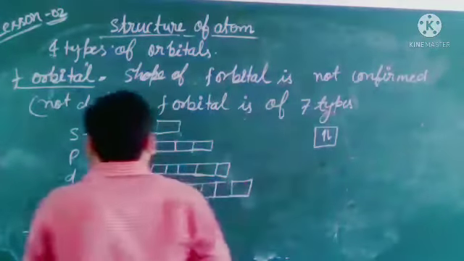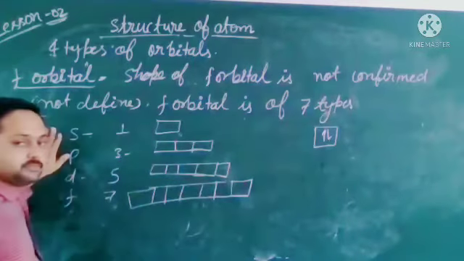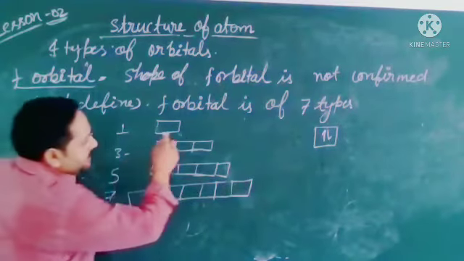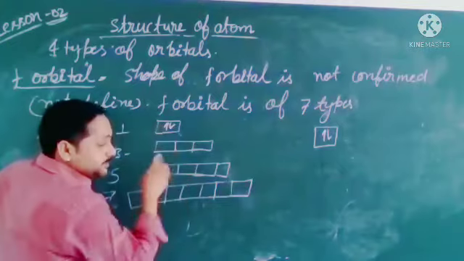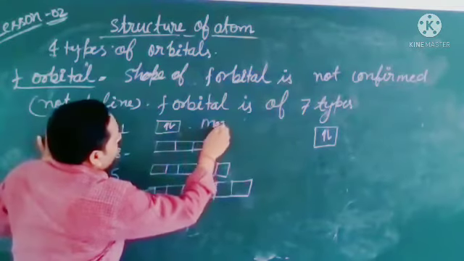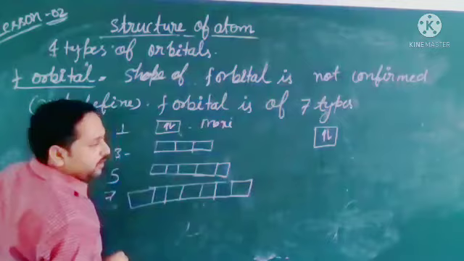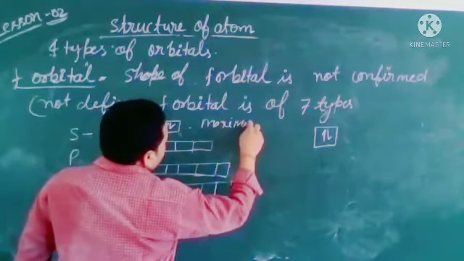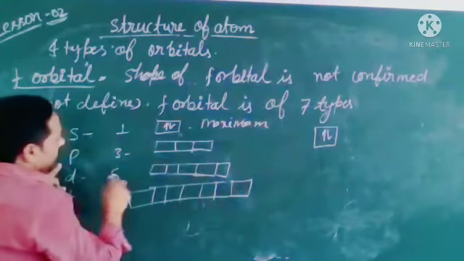In s orbital, only one box is there. So how many electrons? 2 electrons maximum. You remember it, it is maximum. Here, how many?